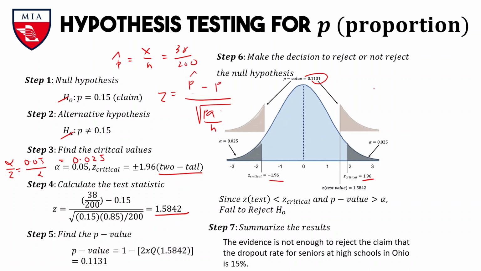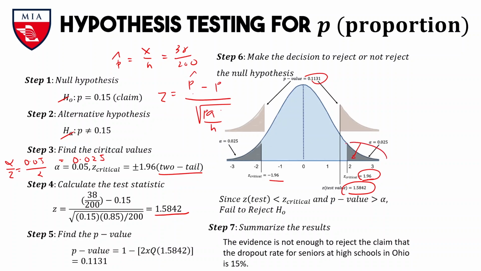Okay, so the value of our test statistic is 1.58, and the value of our critical value is 1.96. So based on this, can we conclude that the null hypothesis is failed to reject? Yes or no? The answer is yes, because the test value is not in the critical region.